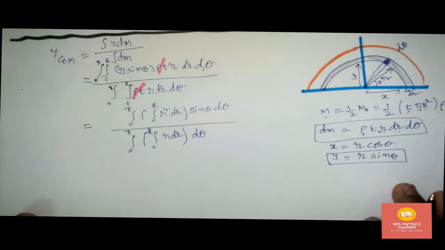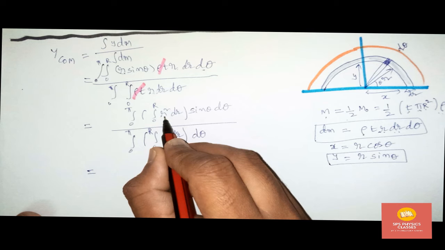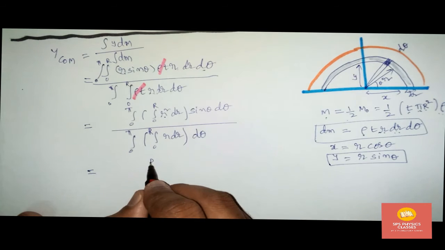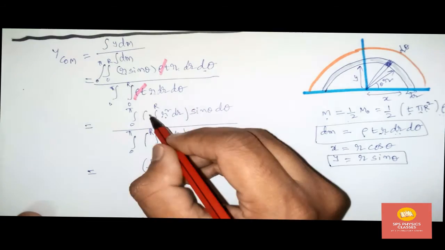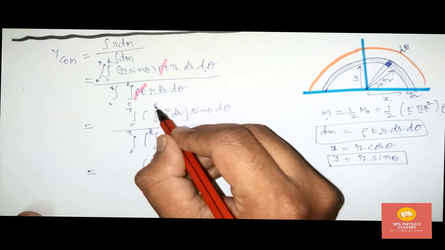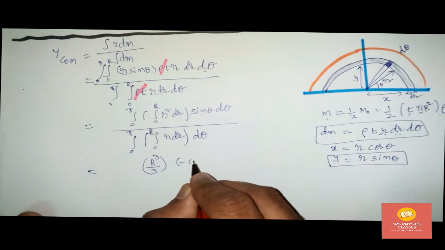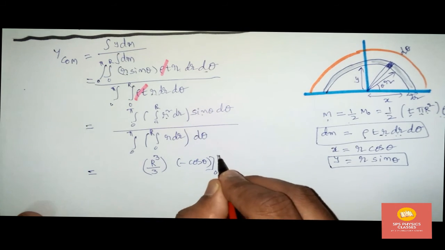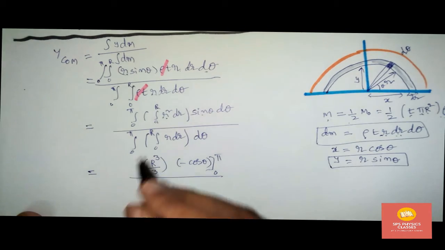Now the final step. The integration of r square is r cube by 3, because the limits are 0 to r. The integration of sin theta gives minus cos theta, in the limits 0 to pi, whole divided by the denominator.